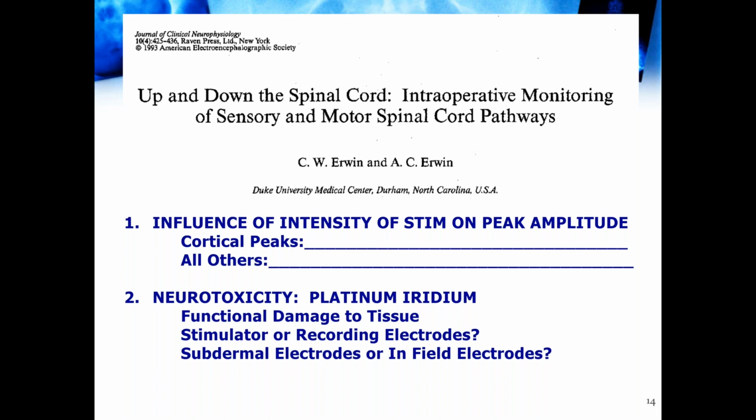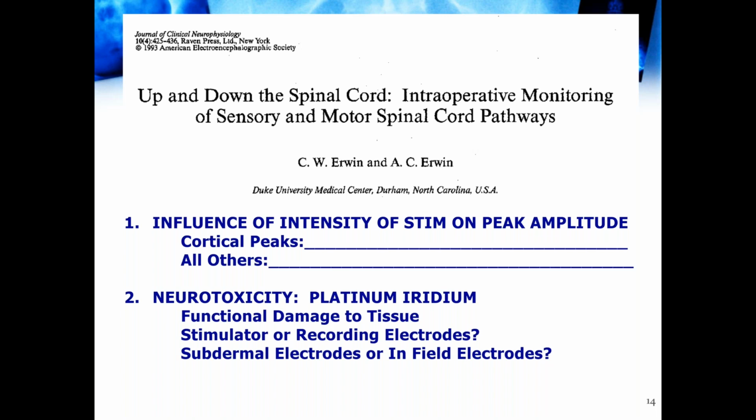reach their maximum amplitude at motor threshold. So if I'm doing an upper SSEP, I see that thumb twitching or those pinky fingers twitching, whether you're doing median or ulnar, I see them twitching at about 8 to 10 milliamps.